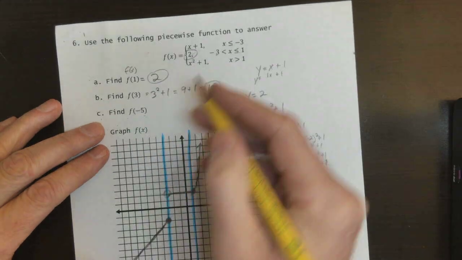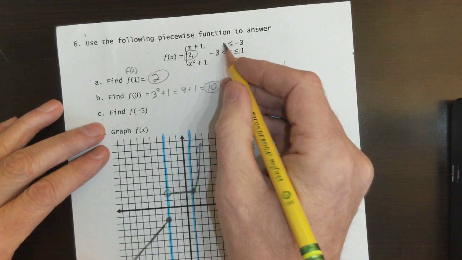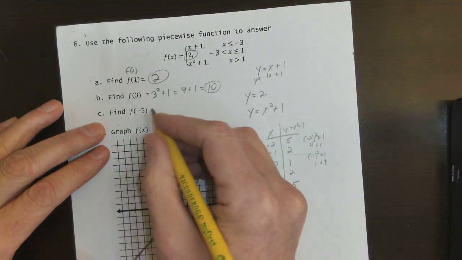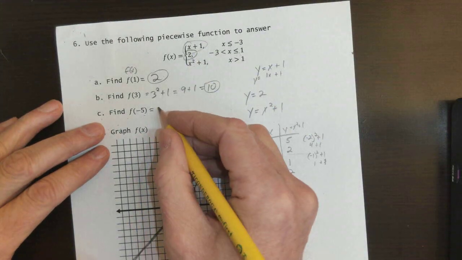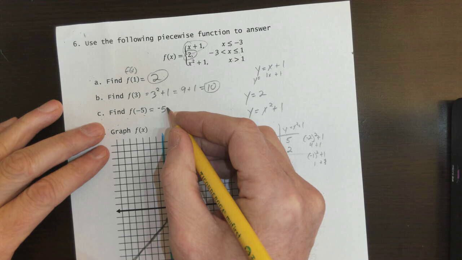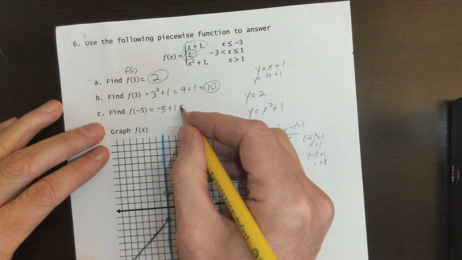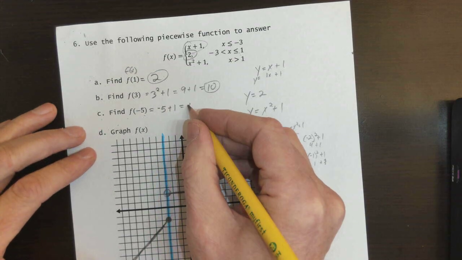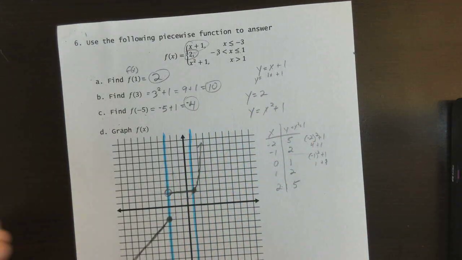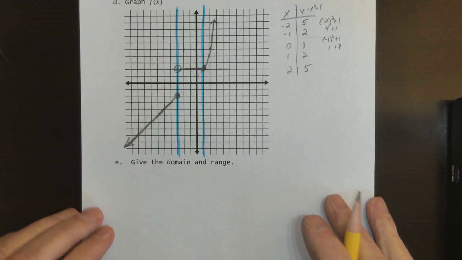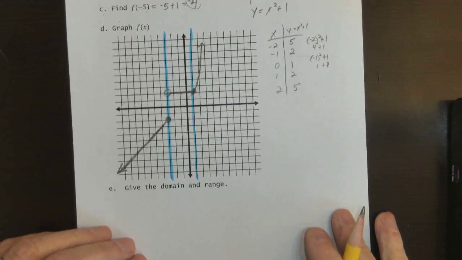Now f of negative 5. Negative 5 is less than or equal to negative 3. So I'm going to use this function here. I'm going to take negative 5, put it in place of x, and add 1. Negative 5 plus 1 is negative 4. So we've got those answered. And now it's time to answer the domain and range of this thing.